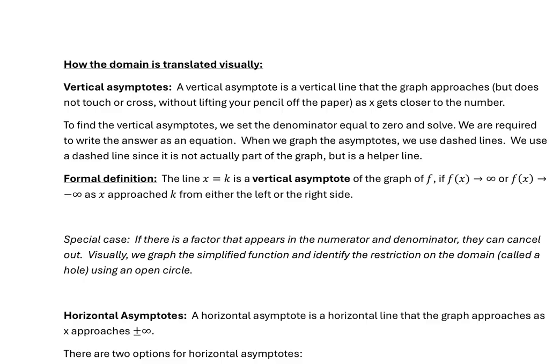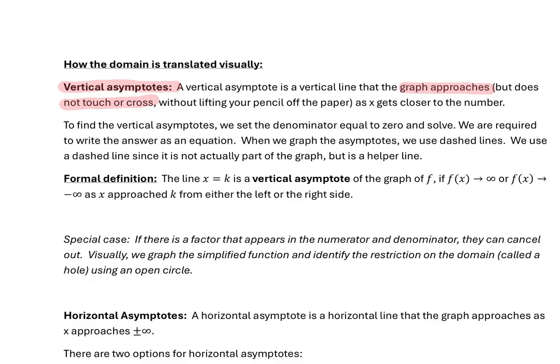Visually, what we are going to have is a vertical asymptote. A vertical asymptote is a vertical line that the graph approaches, but it does not touch or cross without lifting our pencil off the paper.